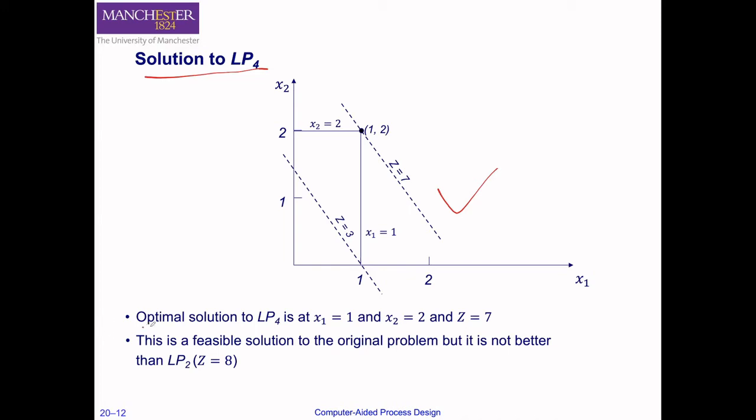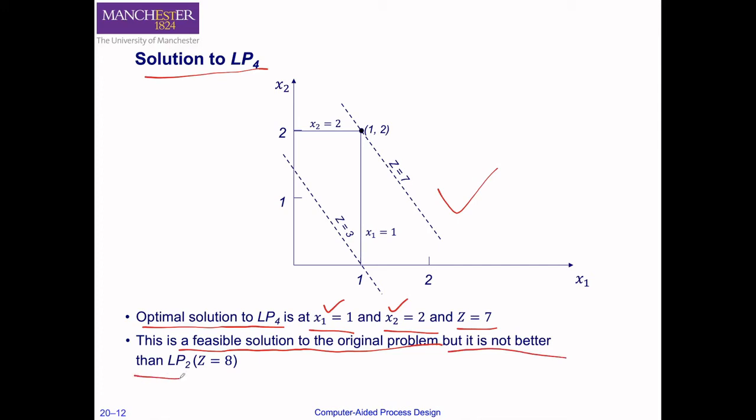The optimal solution to LP4 is x1 equals 1 and x2 equals 2. The maximum objective function value is equal to 7. x1 and x2 are both integers. They are also a feasible solution to the original integer programming problem, but it is not better than LP2.